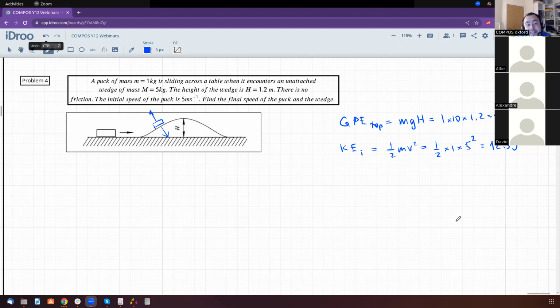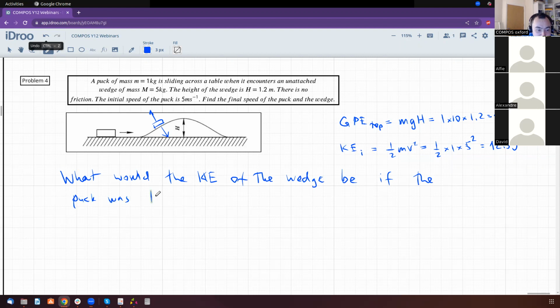So what we can do is say, what would the kinetic energy of the wedge be if the puck was traveling at the minimum speed required to go over the wedge.